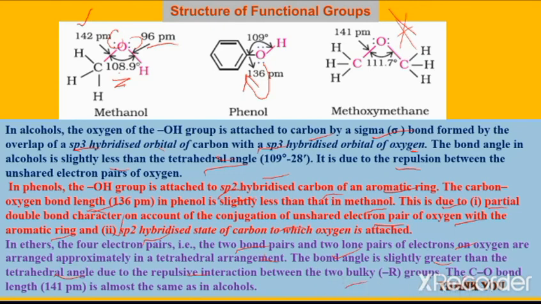The carbon-oxygen bond length is 141 picometers, almost the same as in alcohols. Steric hindrance is one of the phenomena applicable here, so the bond angle is more, due to the steric hindrance between the alkyl as well as aryl groups that can exist in ethers.